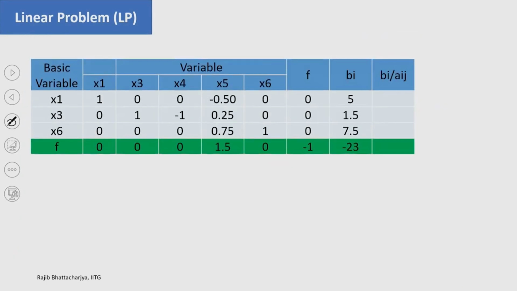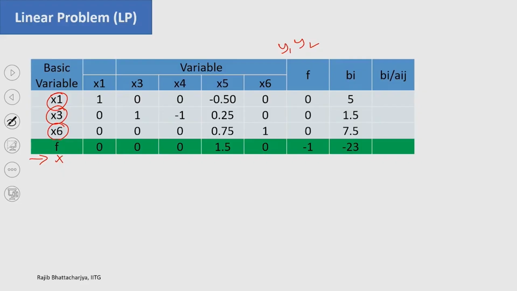So, if I do that, I am getting this particular table here. Here now x 1 is a basic variable, x 3 is a basic variable, x 6 is a basic variable, and whatever w row was there, that we have eliminated, and we have also eliminated the row having y 1 and y 2. So, that is not there.